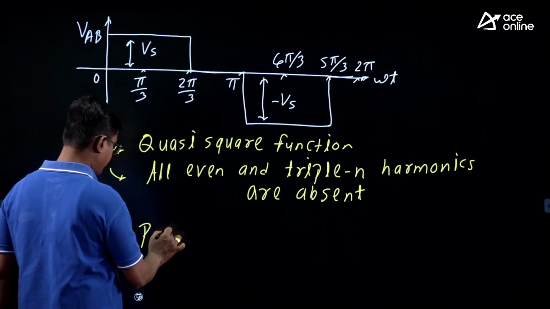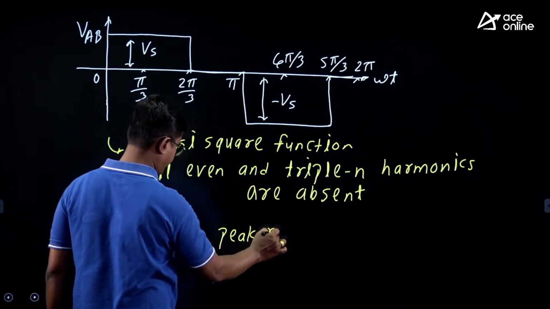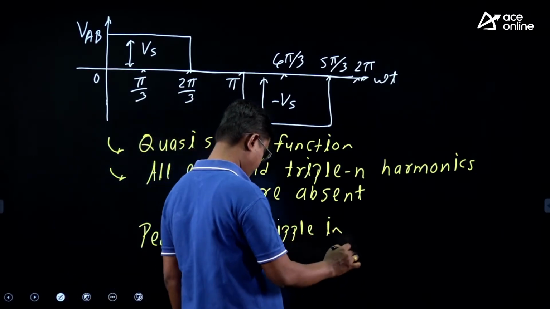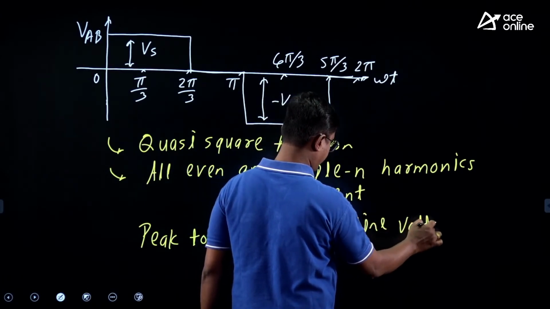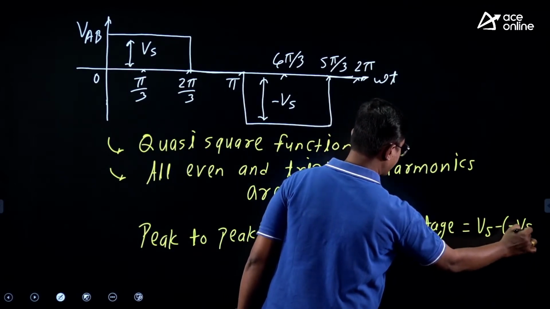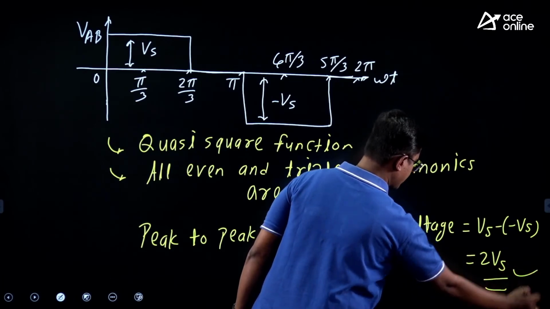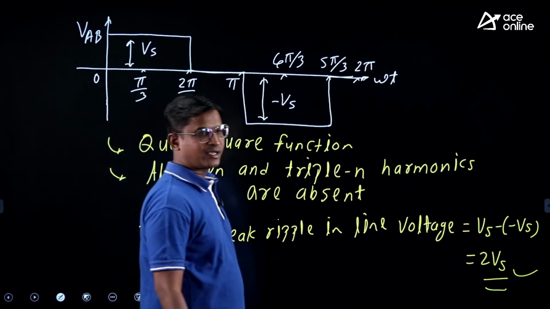Peak to peak ripple in line voltage is equal to Vs minus of minus Vs, which is equal to 2 Vs. All right. So friends, this is about the 180 degree conduction mode.